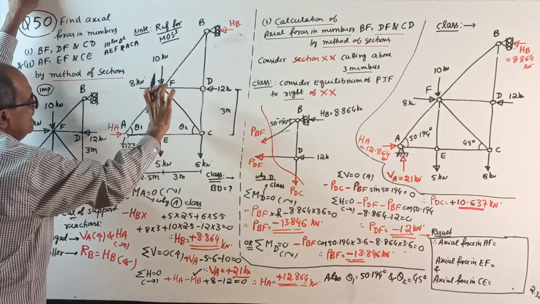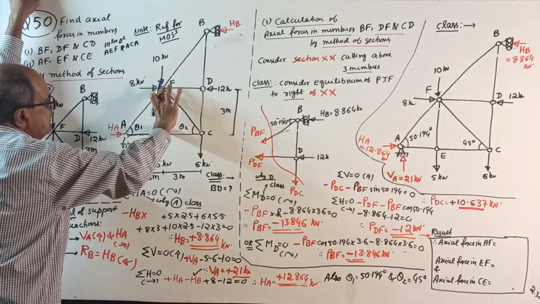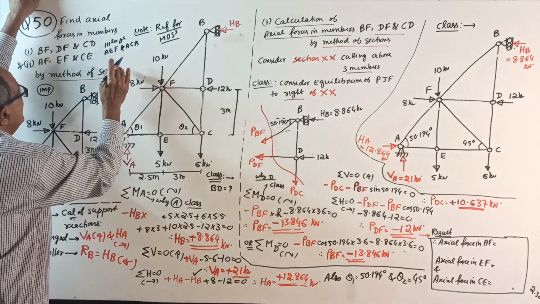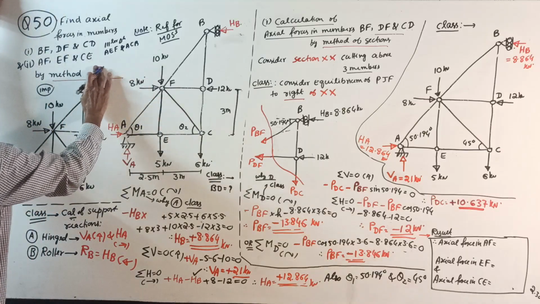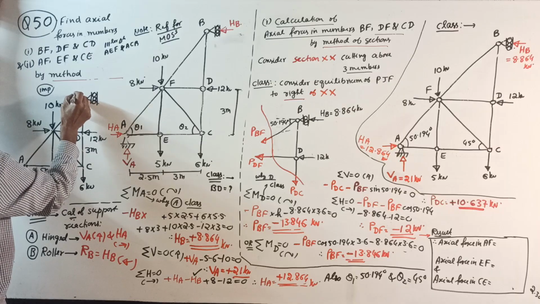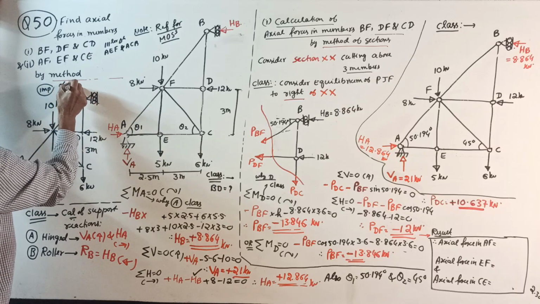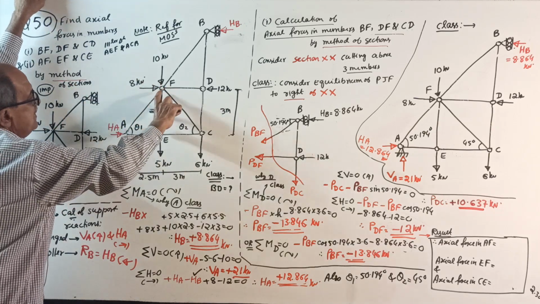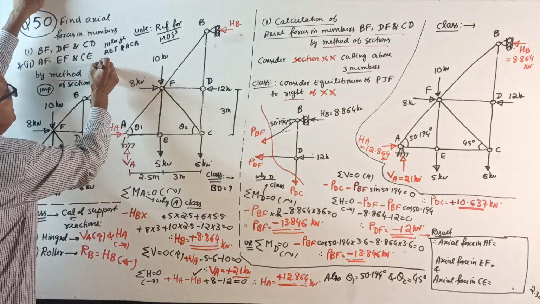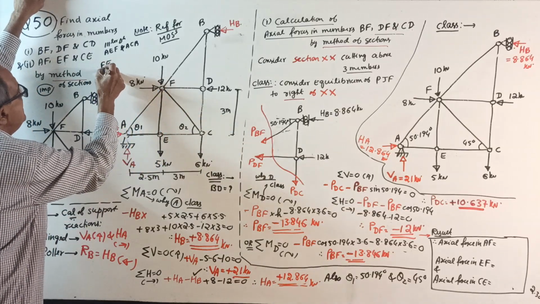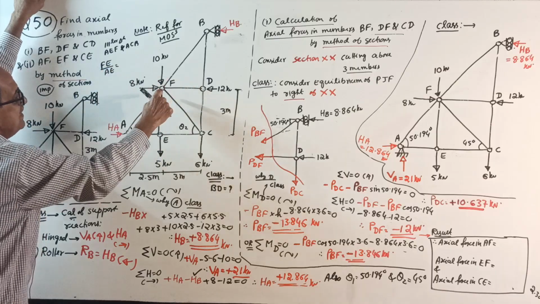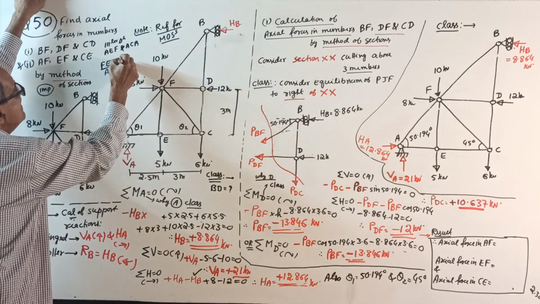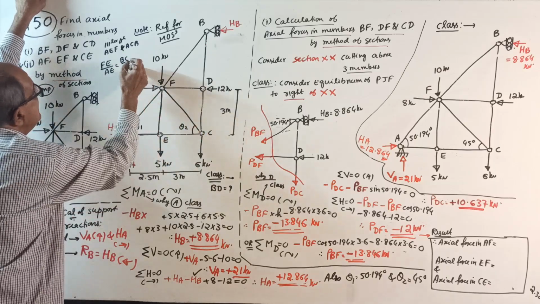Then you get FE divided by AE equal to BC divided by AC.